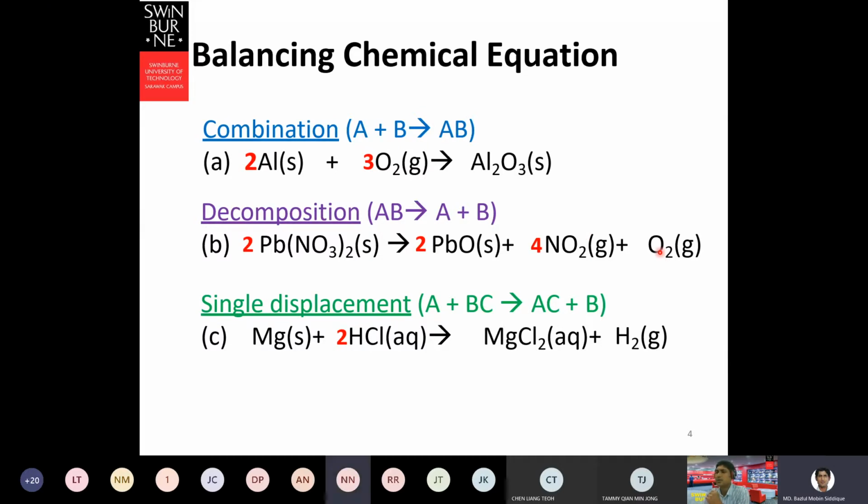Excuse me, sir. Yes. In the combination reaction, what happened to the other oxygen? Yeah, this is the thing: here 2 aluminium and 3 oxygen. So here it should be 2, and here it will be 4. Thank you very much.